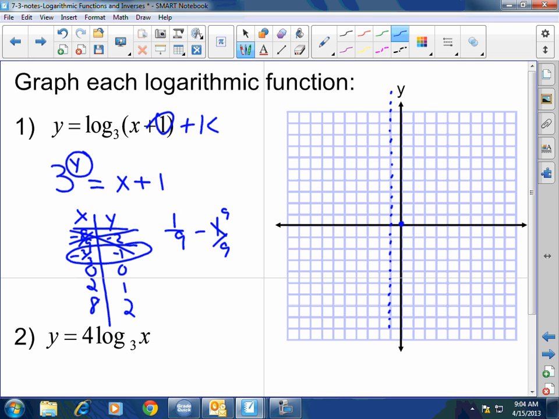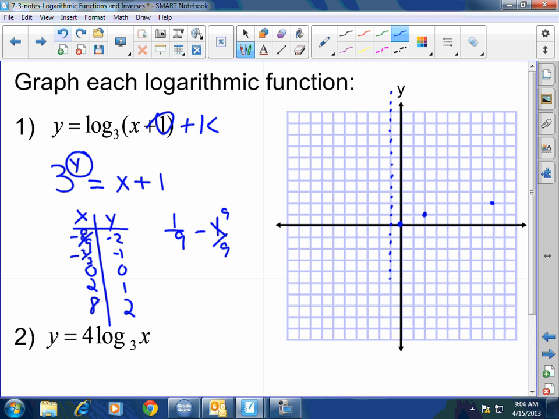I got confused there for a second. My bad. I cannot use x is -1, and I can't cross over, though, either. I have 0, 0. I have 2, 1. I have 8, 2.